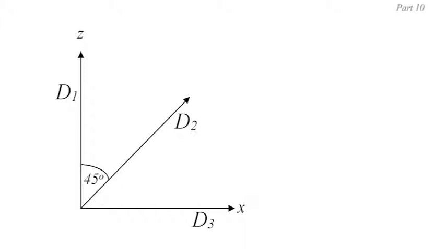With our hoop colours for socks, the dichotomous issues were: is it red or not? Is it blue or not? Is it green or not? Here, with the three directions, our dichotomous questions will be: is it in the plus D1 direction or minus? Is it in the plus D2 direction or minus?